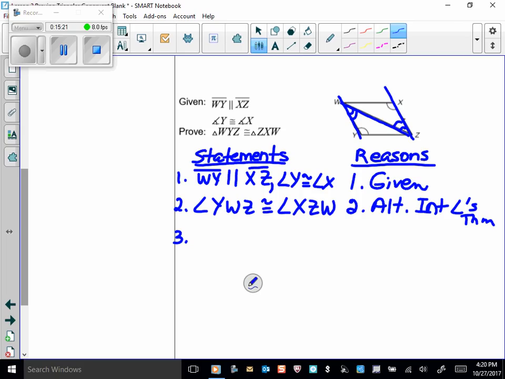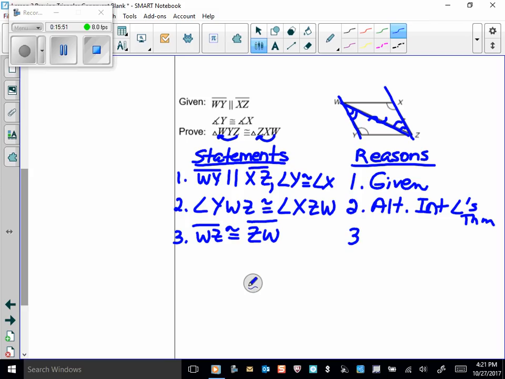So I got angle, angle, and that side that they share is going to give me the angle, angle, side, right? So if I say that this is congruent to itself, but once again, let's see what I got. If I'm going from left to right, I go from Z to W, from W to Z. So I gotta use the symmetric property again. I'm going to say WZ is congruent to ZW.